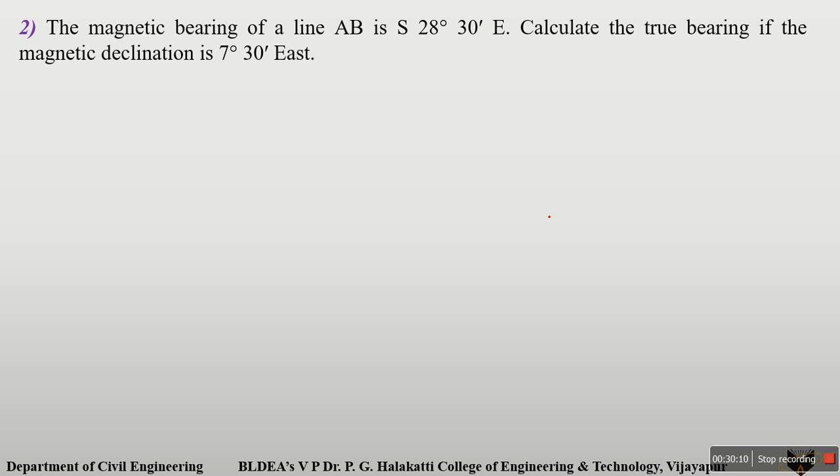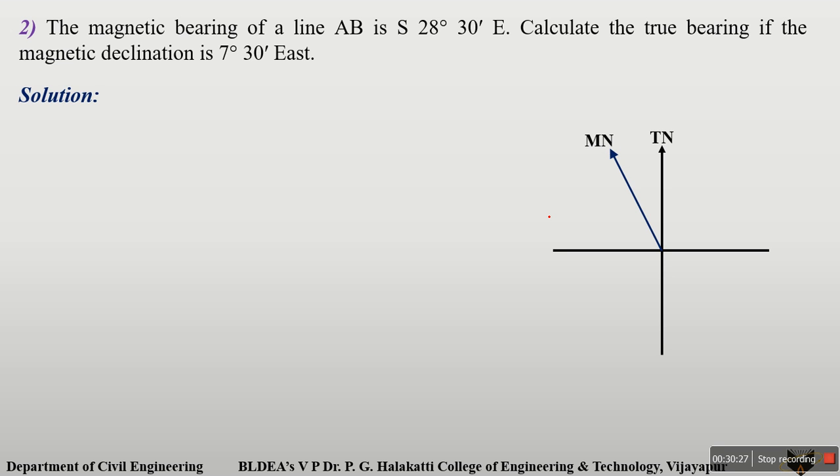If the bearing is given in the quadrantal bearing, you must draw the diagram. Don't apply the previous formula. This is our true north. They have mentioned the magnetic north is like this, that is 28 degree 30 minutes.